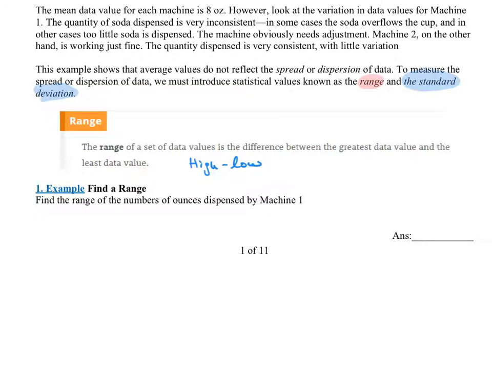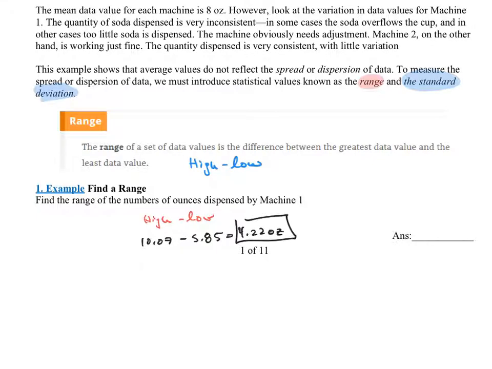Again, the high minus the low. In this case, we had 10.07 minus 5.85. Throw that in your calculator, and I'm getting a range of 4.22, and that's in terms of ounces.